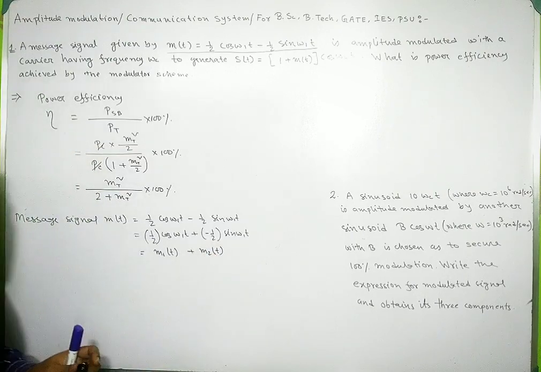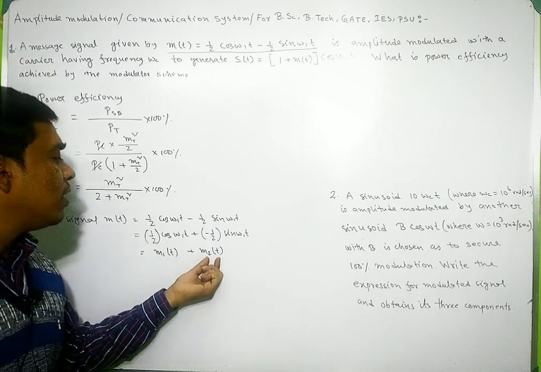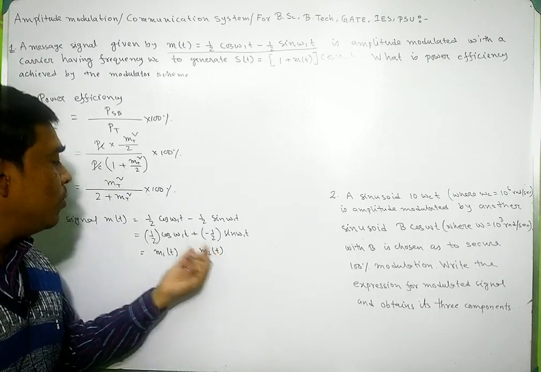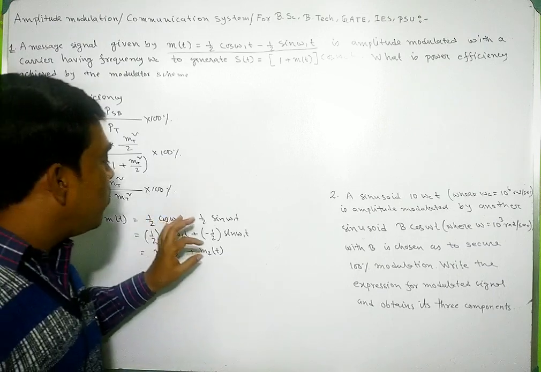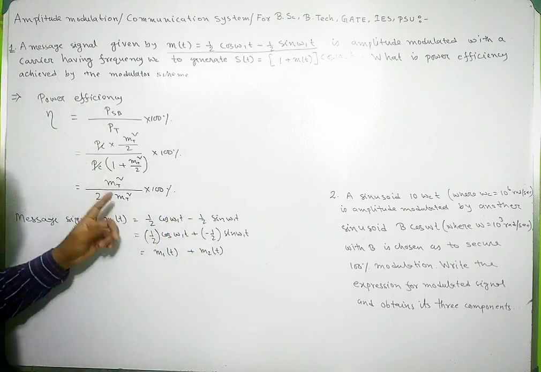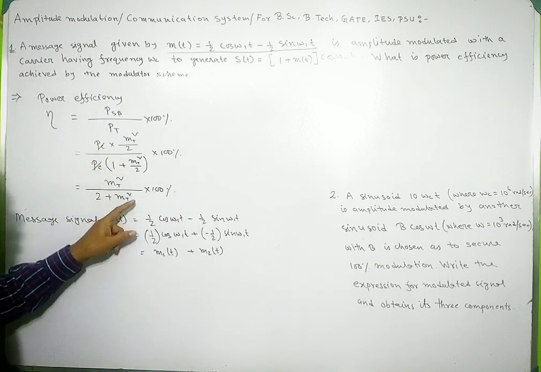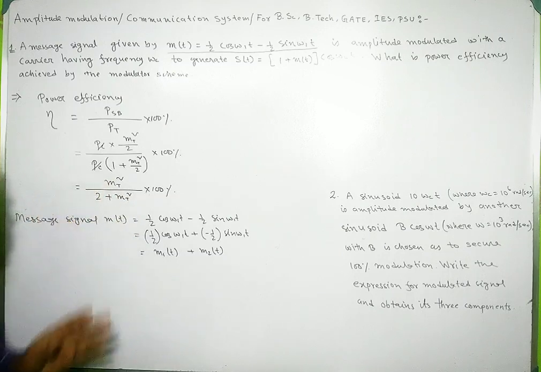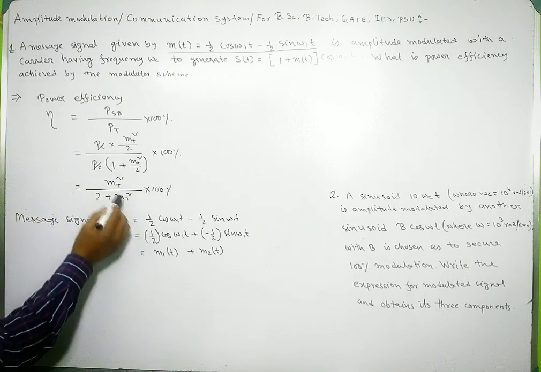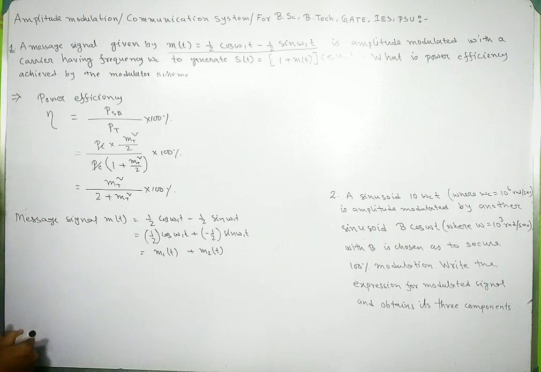That means the message signal has two parts, one is m1 t and another is m2 t. That means you have two modulation indices. How to calculate these two modulation indices I will discuss here.